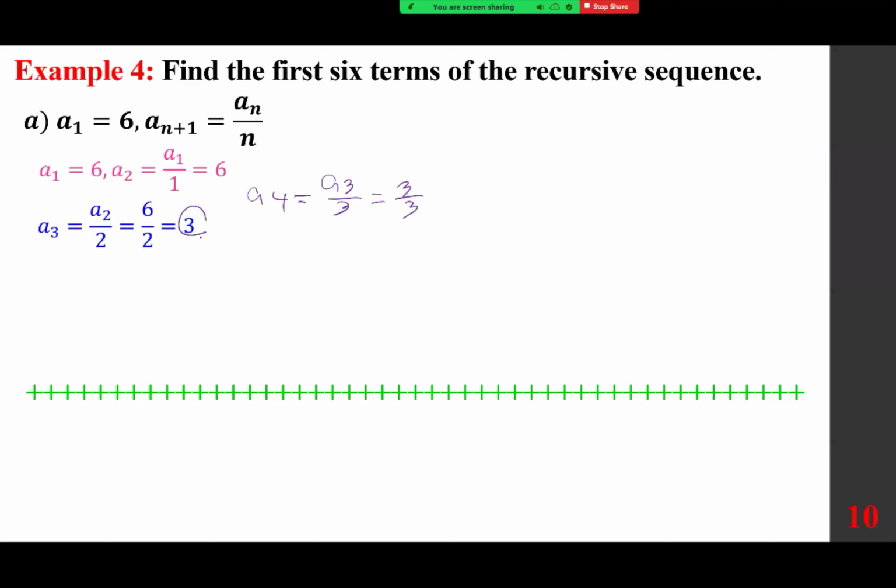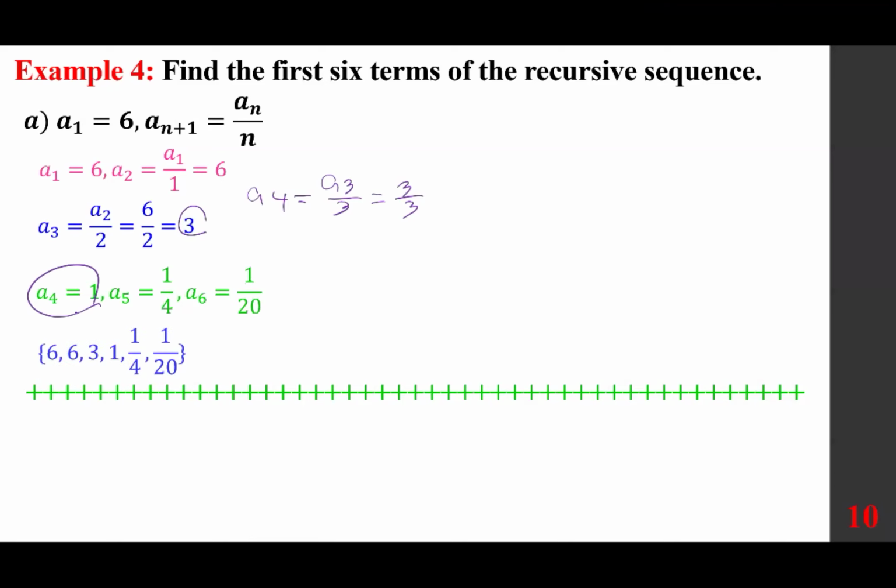This is a sub 3, which makes it 1. And I'm going to assume you can figure out the rest. I leave them for you to figure them out. And so we write the first 6 terms, 6, 6, 3, 1, 1/4, 1 over 2.